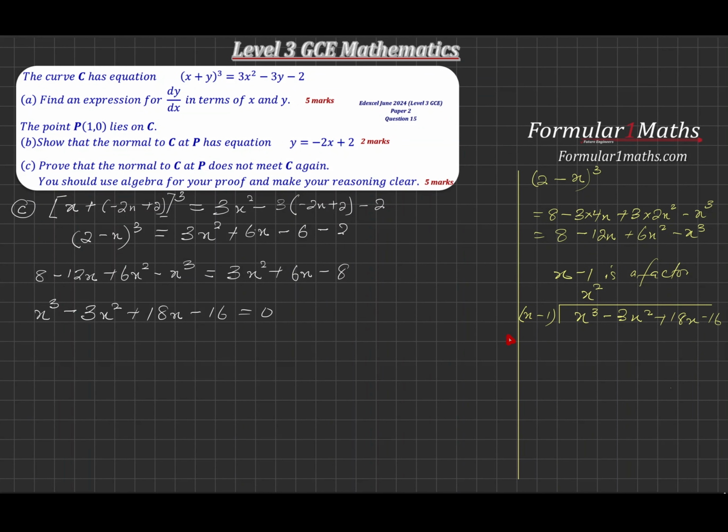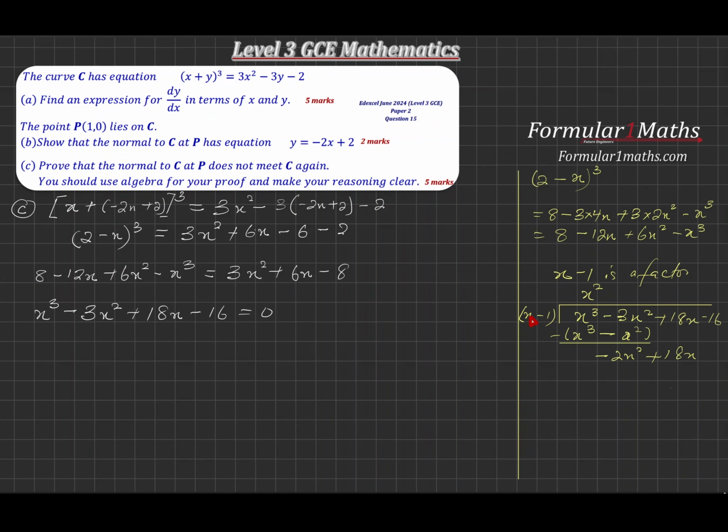If I multiply this by that, I'm going to get x cubed minus x squared. If I subtract, I'm going to get minus 2x squared over here. And then if I bring down the 18x, I'll have plus 18x over here.